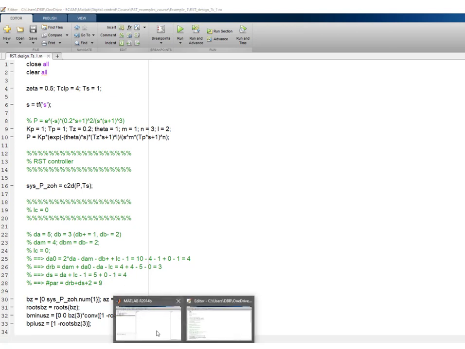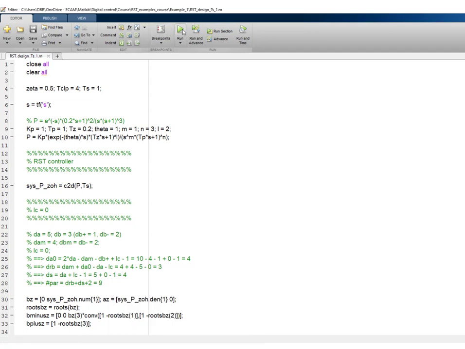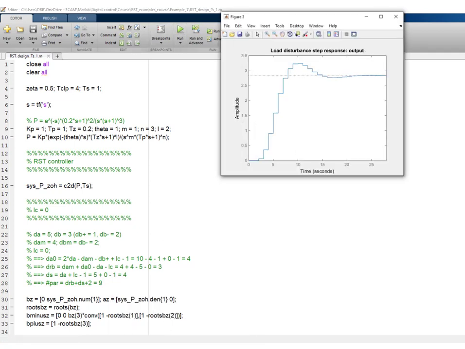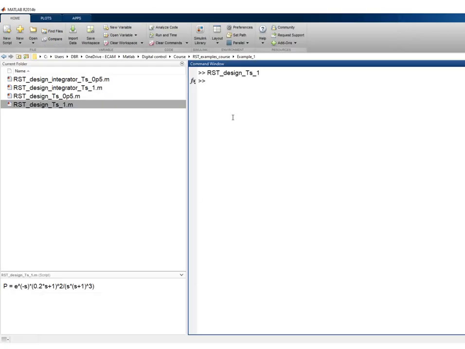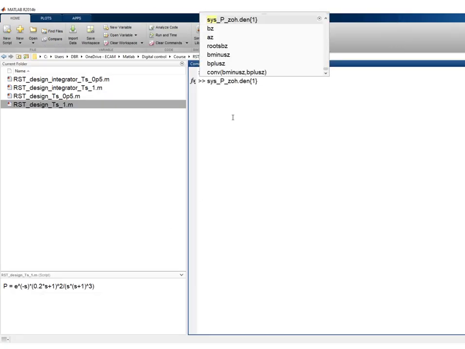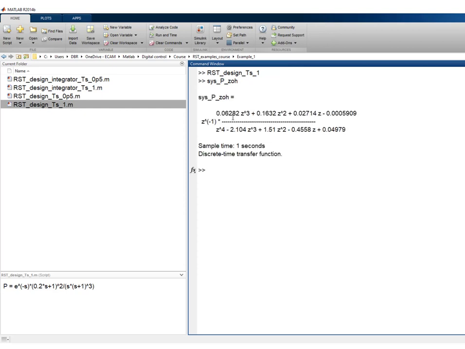So let's have a look. We first have to run the code, and then we can have a look here. This is the process that has been obtained using the command c2d. You have to pay attention to this one. We have to see it as 1 over z, so actually you should take this denominator and multiply it by z. The denominator is a 5th order polynomial and the numerator a 3rd order polynomial.